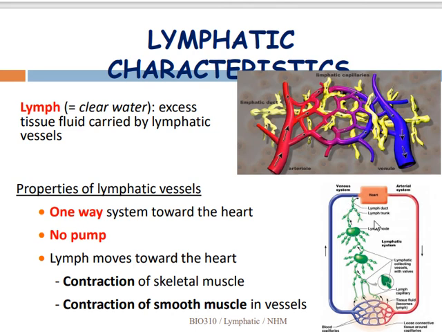However, the lymphatic system does not have a pump like the heart. Therefore, there is no pump.